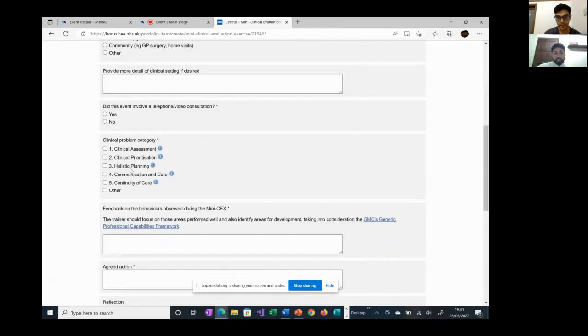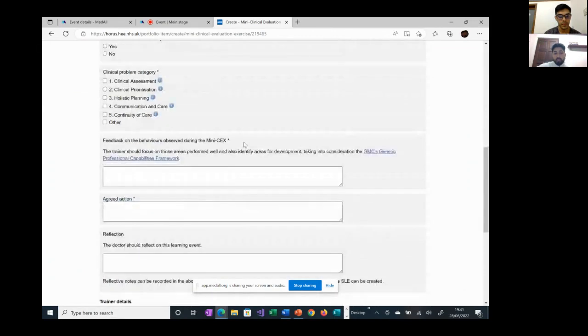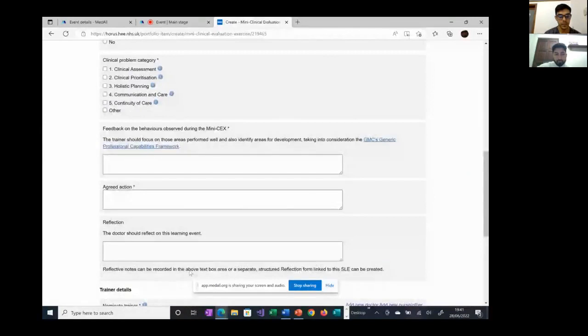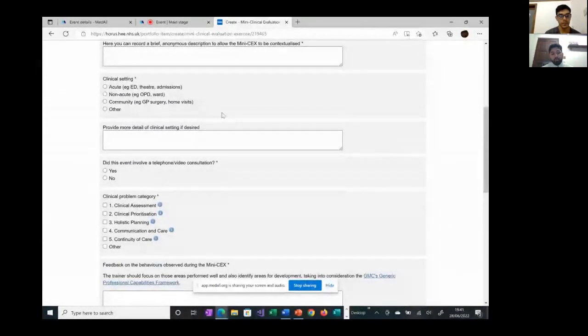Here are the 5 categories you can put this mini KEX into. Is it a clinical assessment, a clinical prioritization, holistic planning, communication in care, or continuity of care? These are things that the trainer fills in, and this is something you reflect on. For me, I think it has to be observed, anything you do.